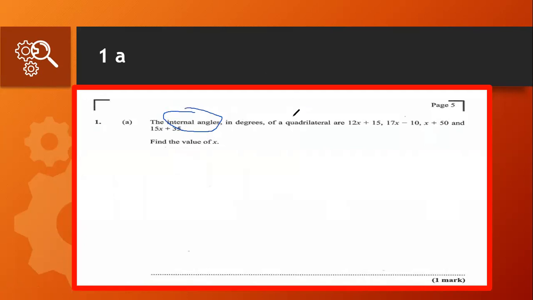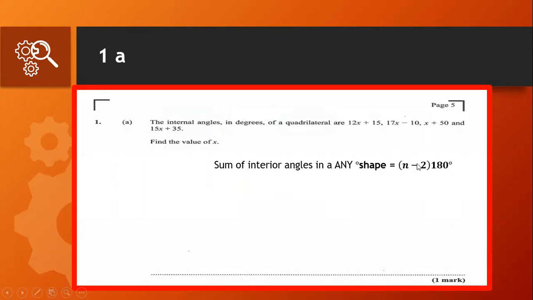And then there's the quadrilateral. That's a closed shape. That tells me something else. So those are two clues. The internal angles inside a quadrilateral, and by extension, the internal angles inside any shape in geometry, is equal to n minus 2 multiplied by 180 degrees.